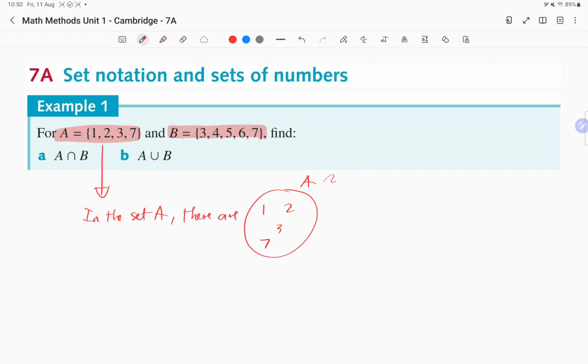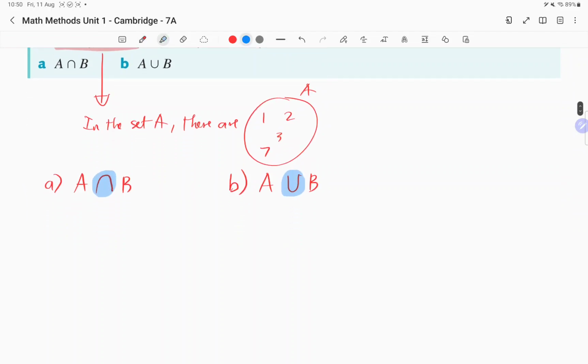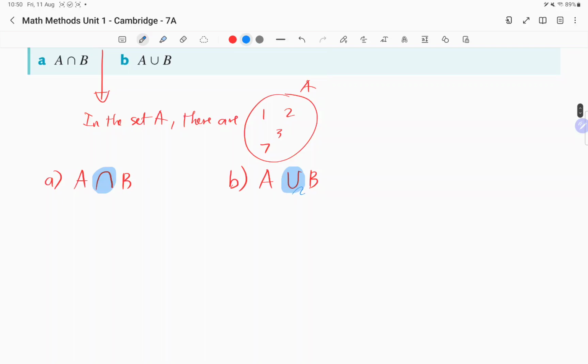Now, let's have a look at question A, right? A and then that funny symbol here, right? A and then the symbol B. What is the symbol? The easiest way to learn about these symbols is to put them side by side, all right? Now, see these two symbols there? The way I remember this is this looks like the letter U, which is going to stand for union, right?